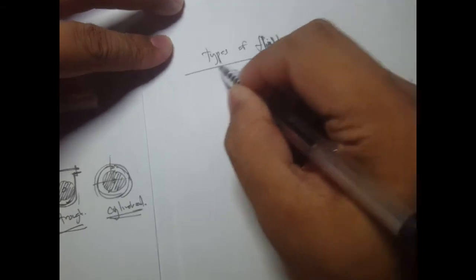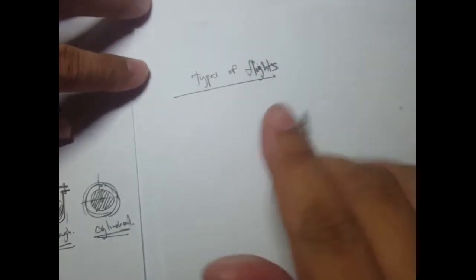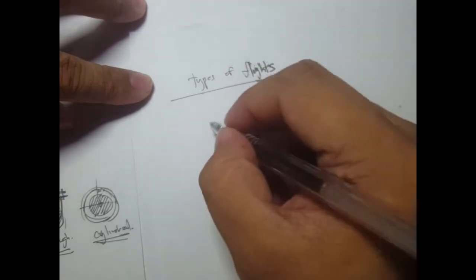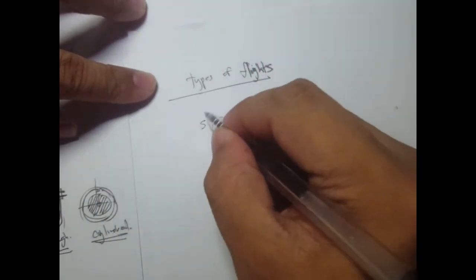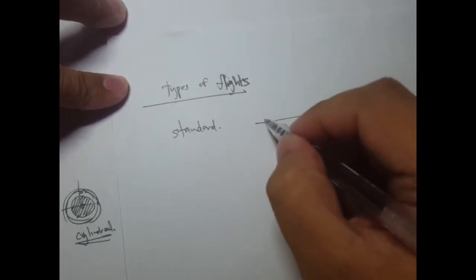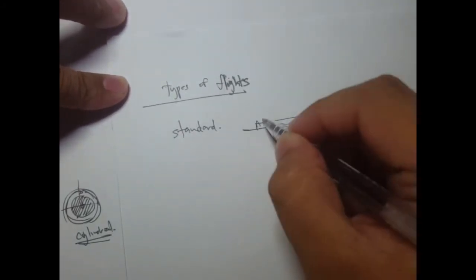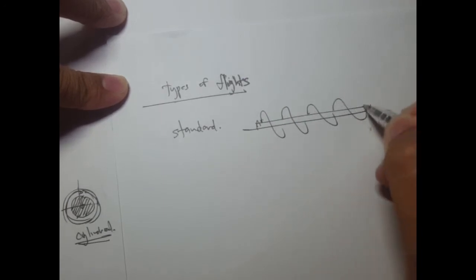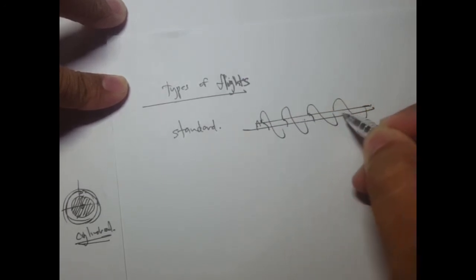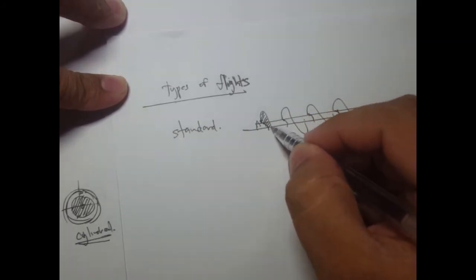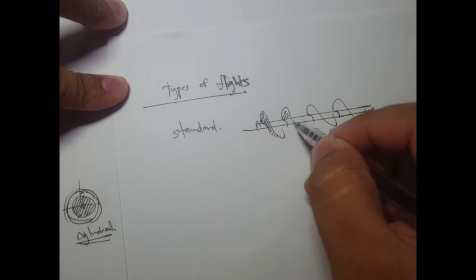There are flights that have special designs, but for the basic one, we have a standard flight. A standard flight looks like the one we already discussed, something like this. So it's a plain helix.